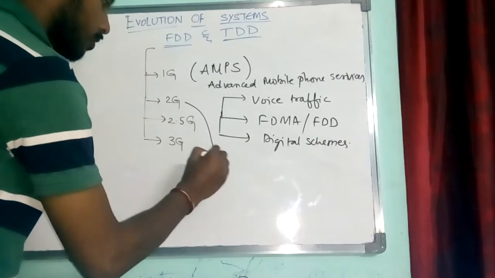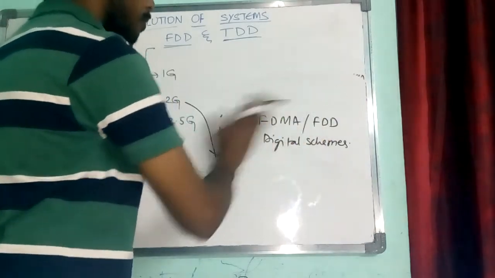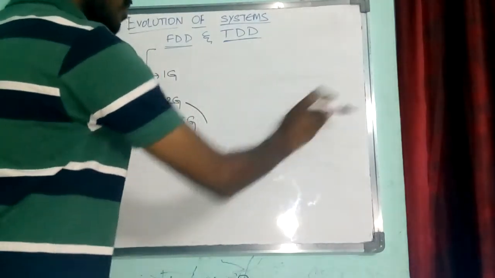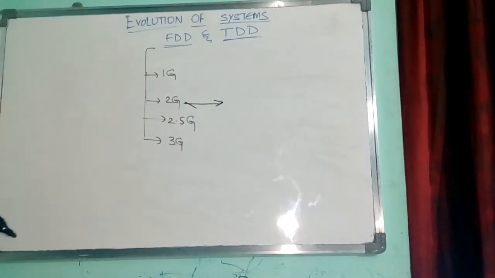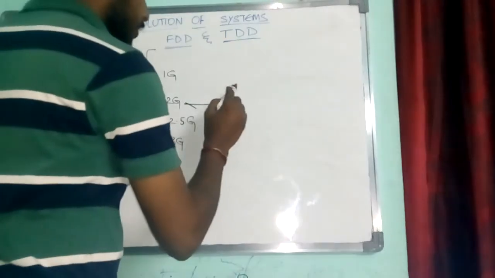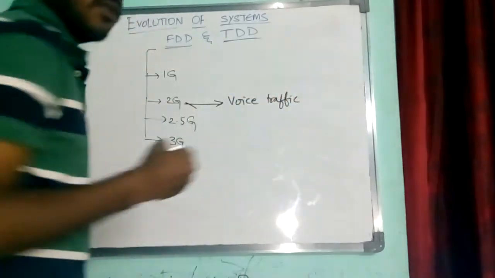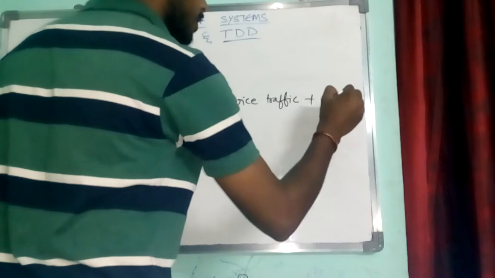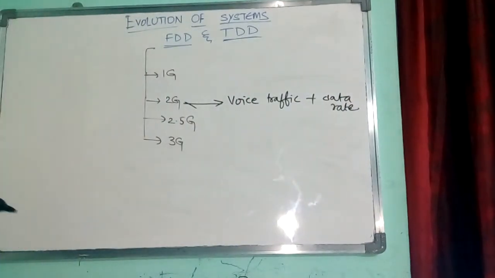Next, coming to 2G, second generation mobile systems. They were designed for voice traffic and also for lower data rates.